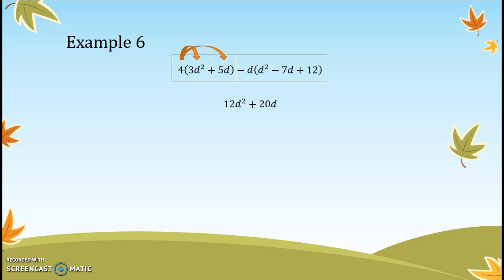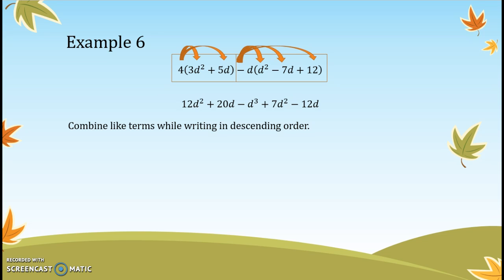And 4 times 5d is positive 20d. Then we can continue on and multiply our negative d. Negative 1d times d squared is negative d cubed. Negative d times negative 7d is positive 7d squared. And negative d times 12 is negative 12d.